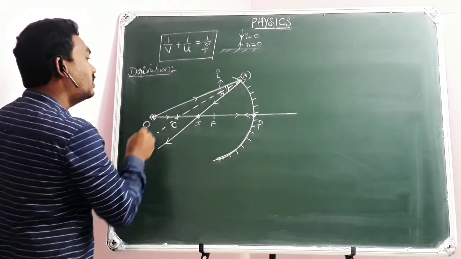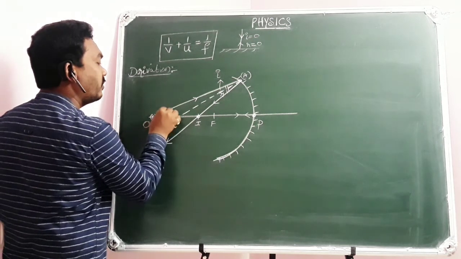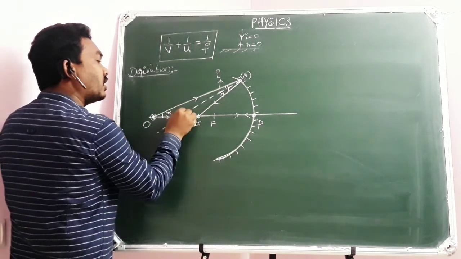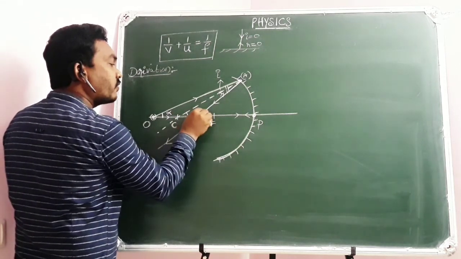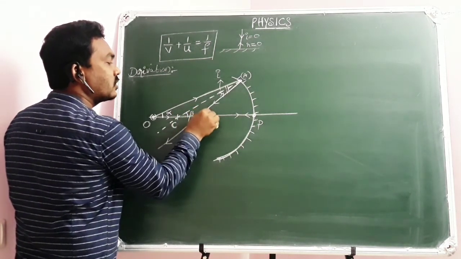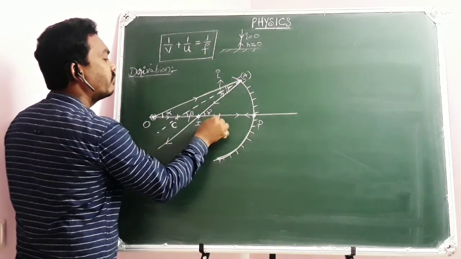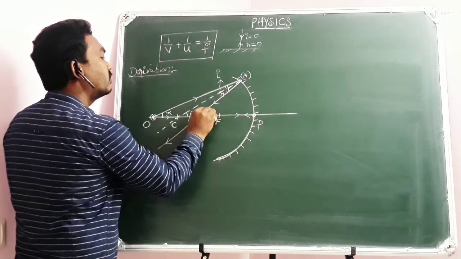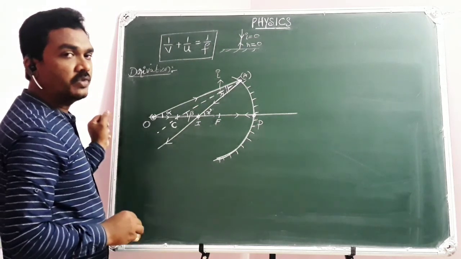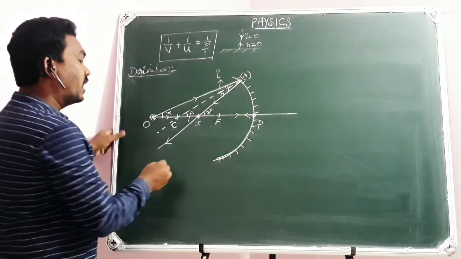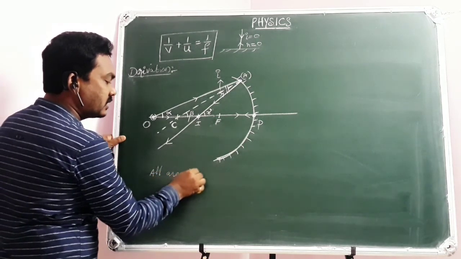And let me suppose this angle made by the incident light ray with the principal axis is alpha, angle made by the normal with the principal axis is beta, and angle made by the reflected light ray with the principal axis is gamma. That's the gamma. In this particular situation of deriving the mirror formula, I am supposing all are paraxial light rays.